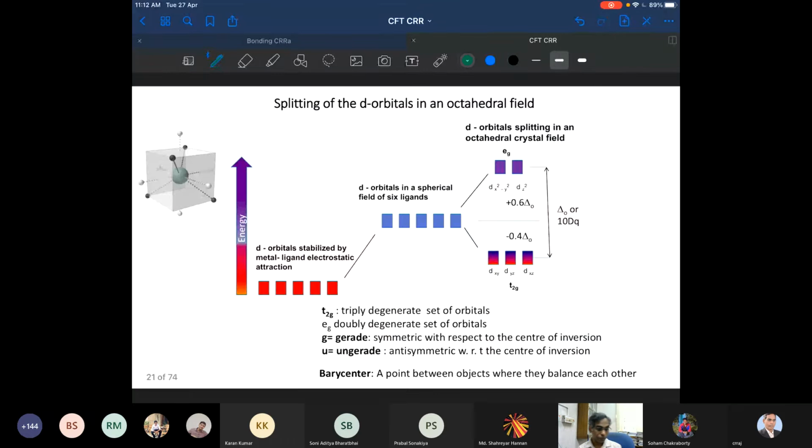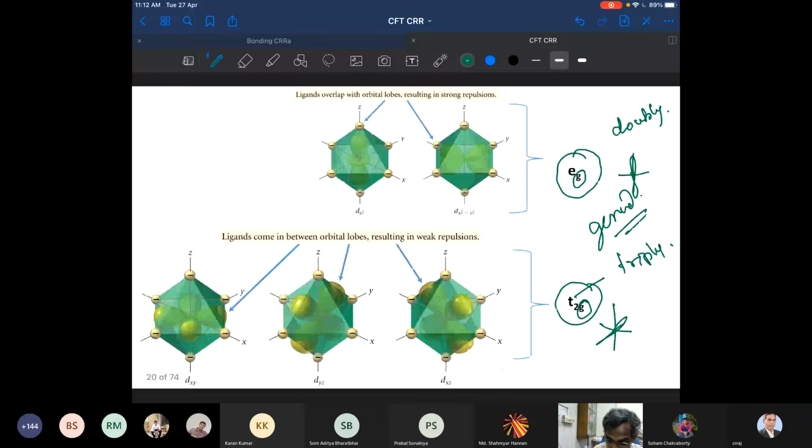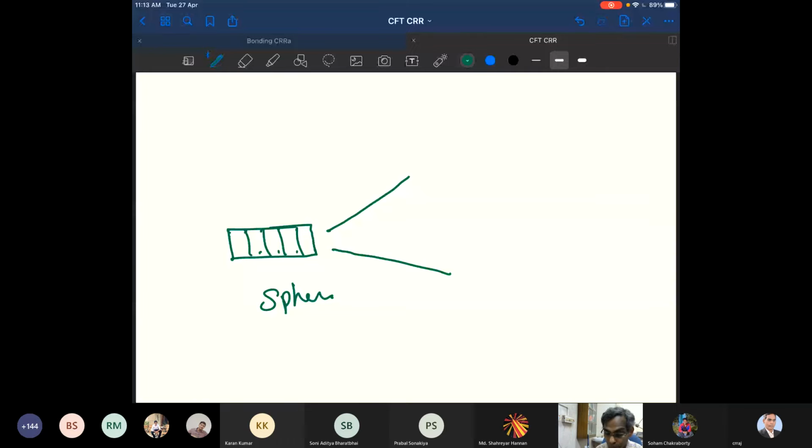What we do here is, you have your d orbital, which has spherical symmetry. Now this is split into two parts.